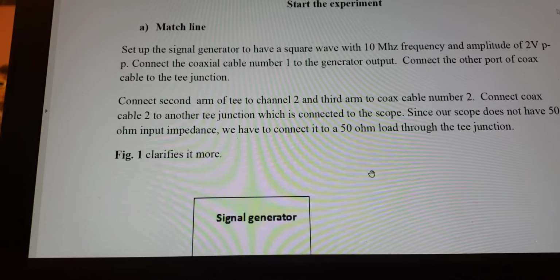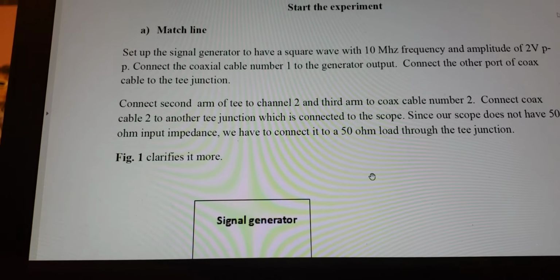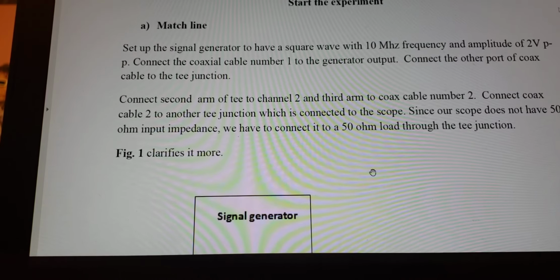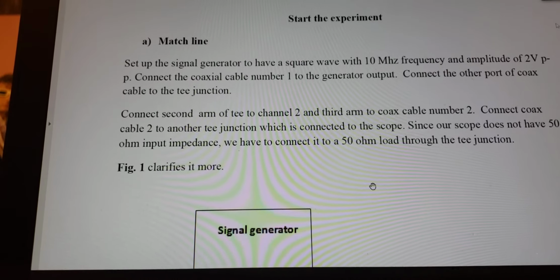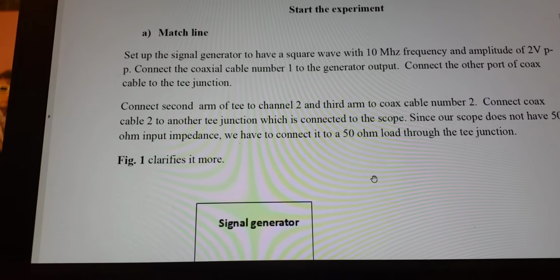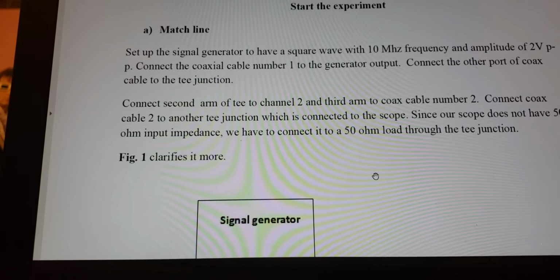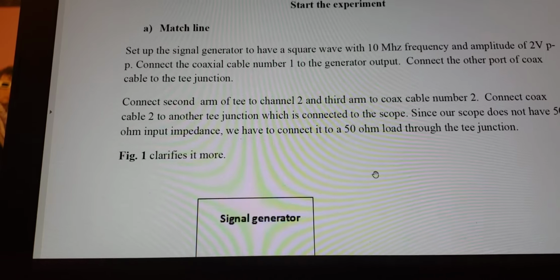This is very important. When the line is matched, this is TX and this is RX, and there is a transmission line here. This is the generator. The signal is generated and sent, and propagates to the load terminal here.